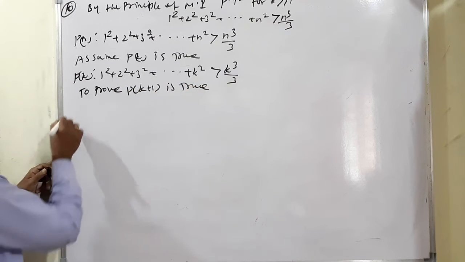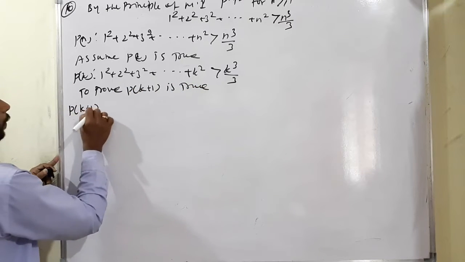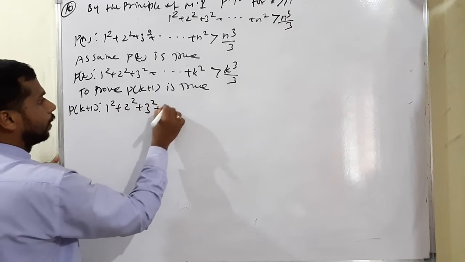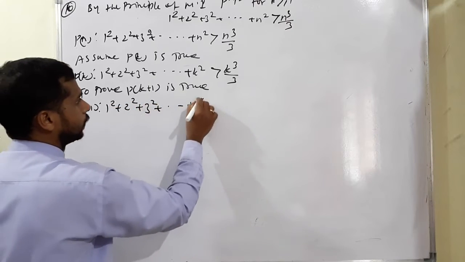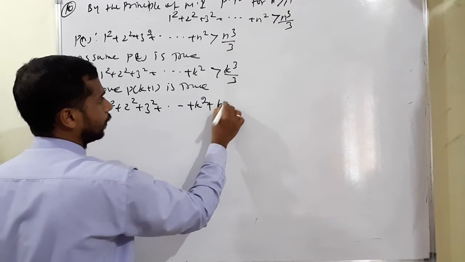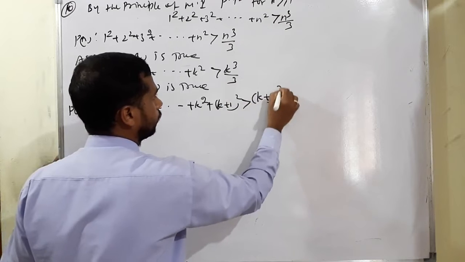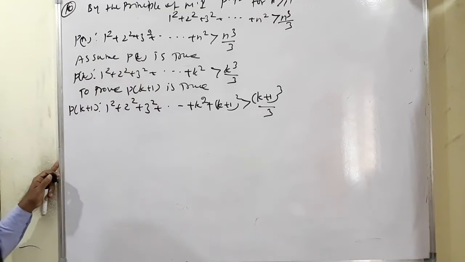So P of k plus 1 is true means 1 square, 2 square, 3 square, dot dot dot plus k square plus k plus 1 the whole square is greater than k plus 1 the whole cube divided by 3.